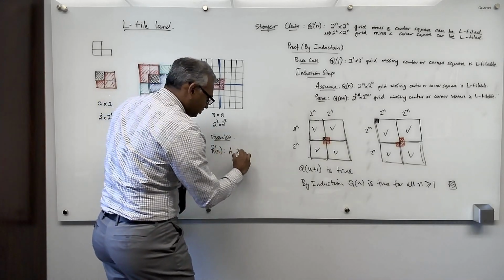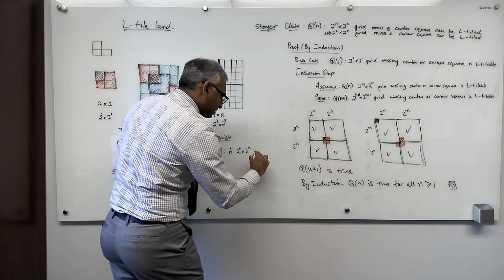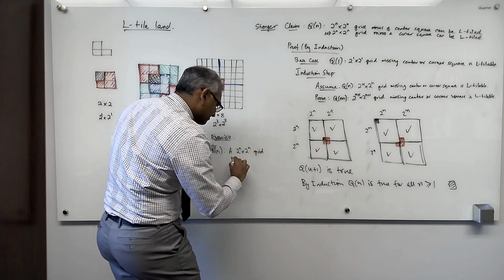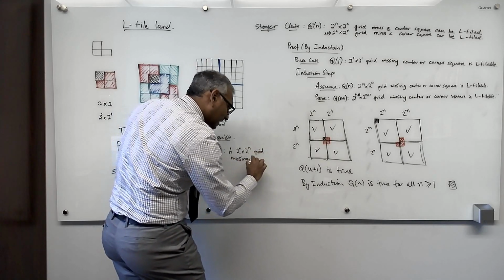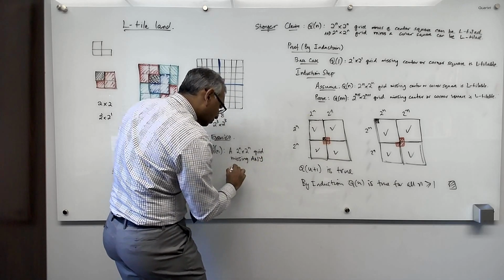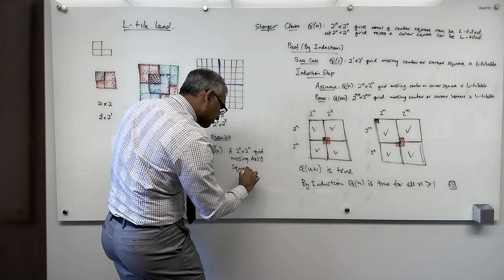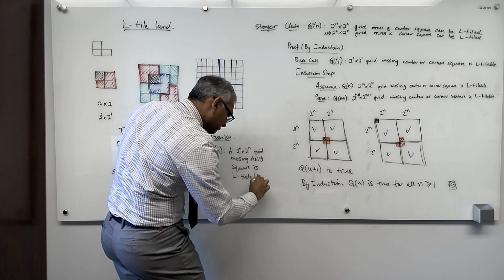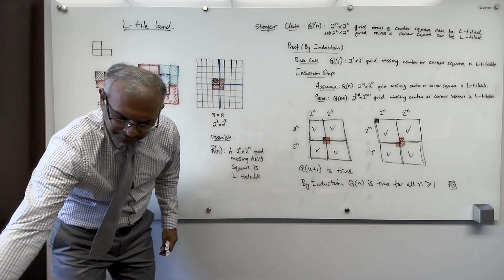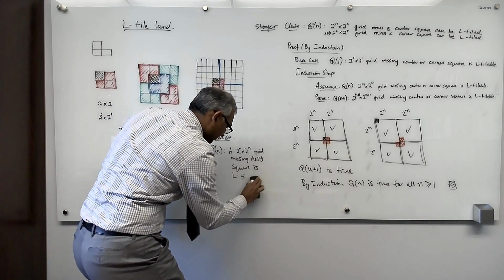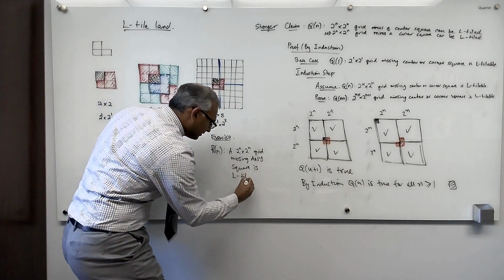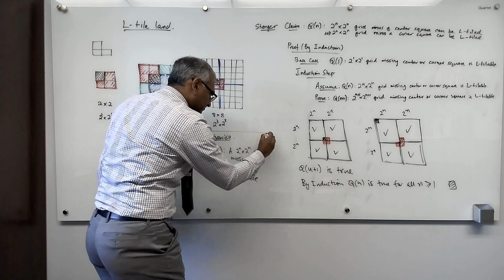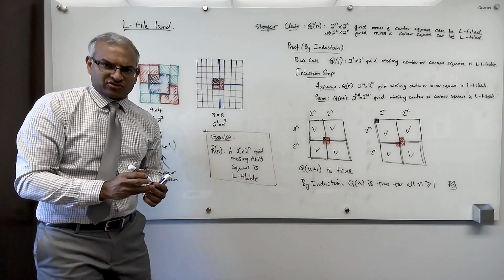A 2 to the n by 2 to the n grid missing any square is L-tileable. Okay, that is hyper strength.